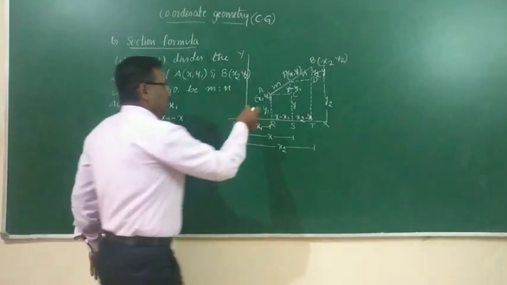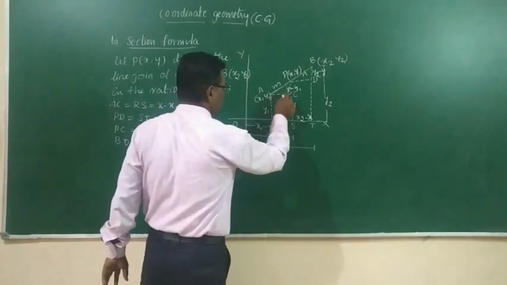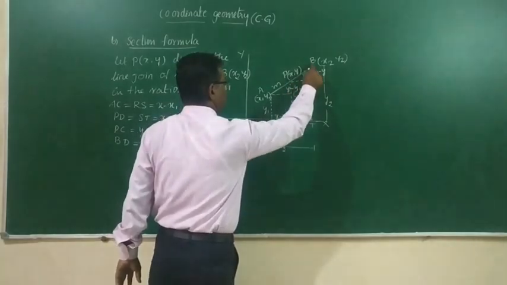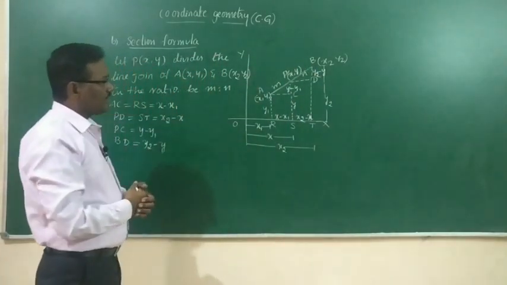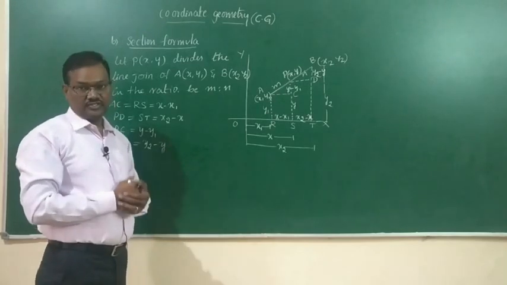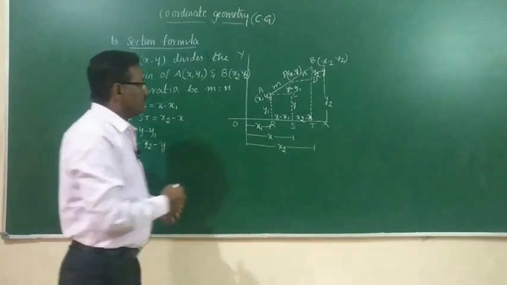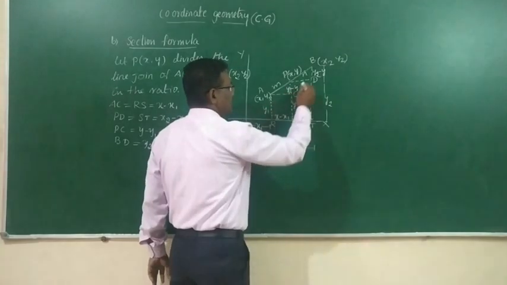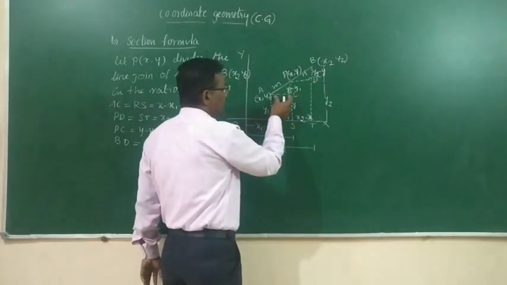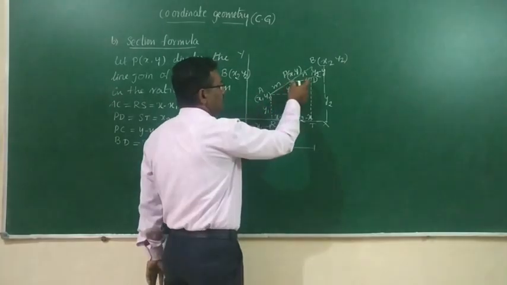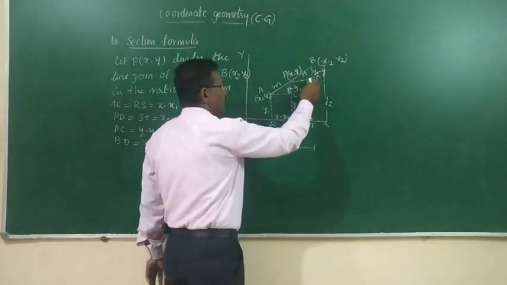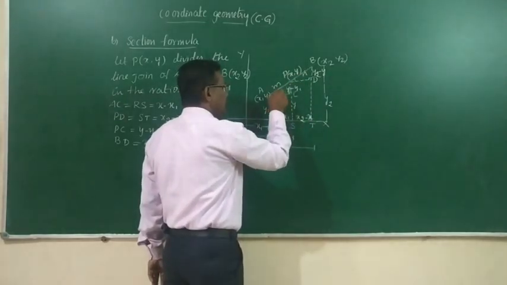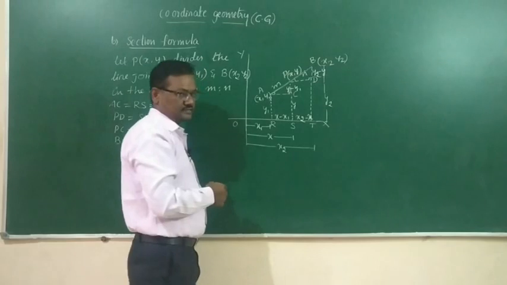Now we have two right triangles ACP and PDB. These two right triangles are similar to each other because here there are right angles: in triangle ACP angle C, in triangle PDB angle D, both are right angles, and this angle and this angle are equal corresponding angles.